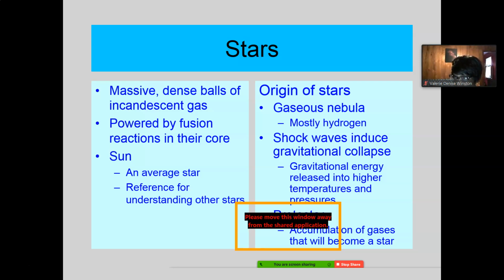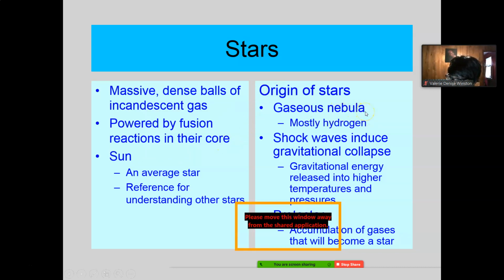Because most of the space has very randomly, every now and then, an atom or two of a gas in it. Just way out there. But sometimes you have masses of gases that start accumulating. And that's called a gaseous nebula.